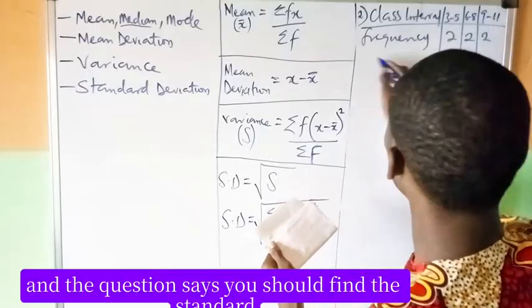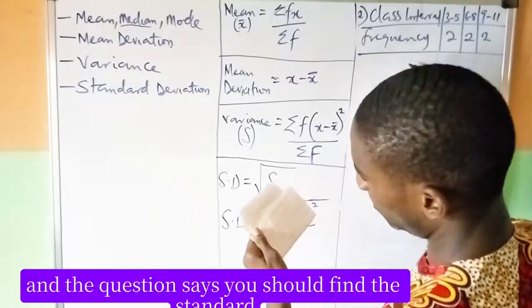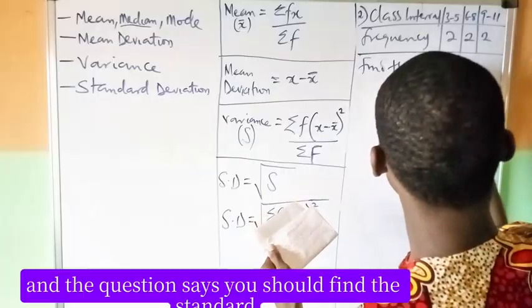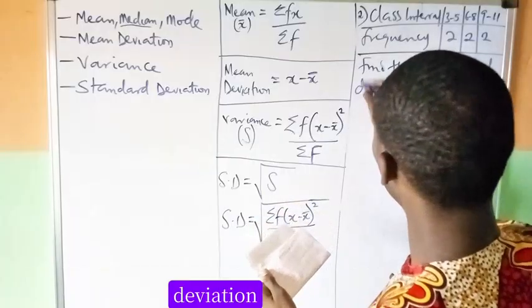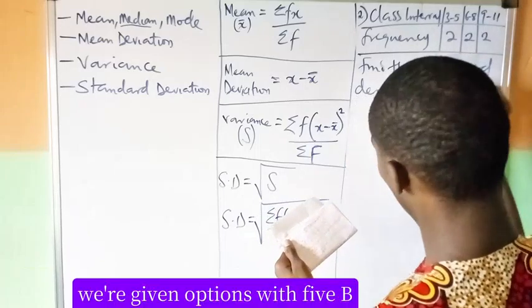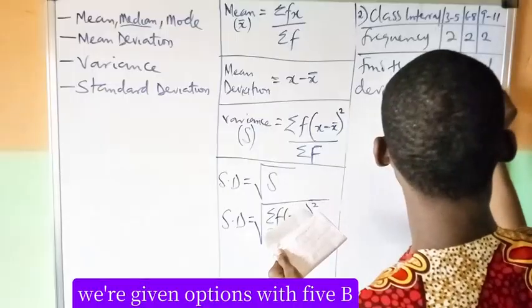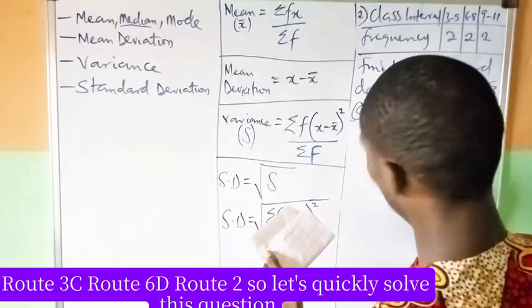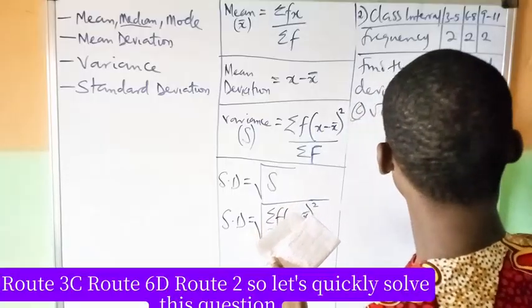And the question says you should find the standard deviation. We're given options: A root 5, B root 3, C root 6, D root 2.